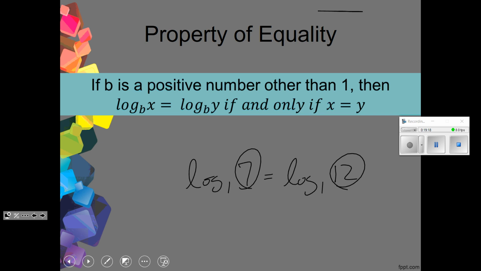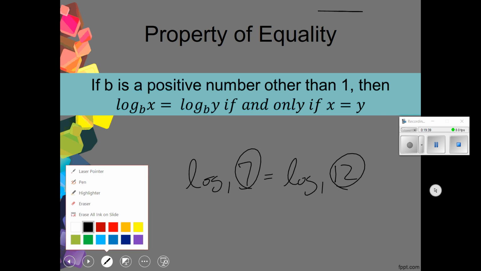No. Do you understand why b has to be something? If the base is 1 and you're multiplying 1 times 1 times 1, the outcome's going to be 1. So there's no way you can have a base of 1 that would equal something other than 1. That's why b can't be 1.